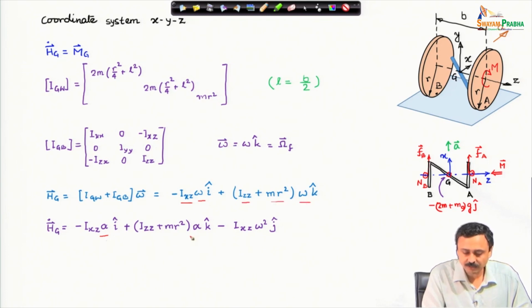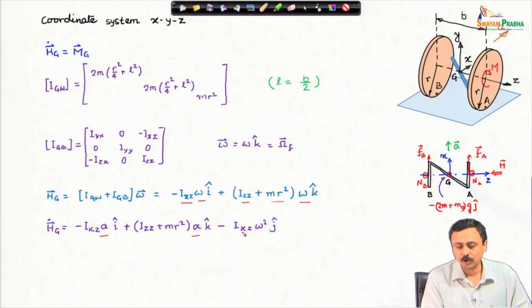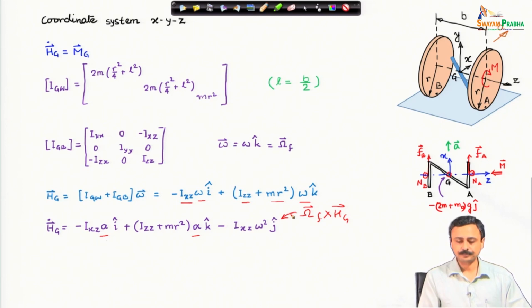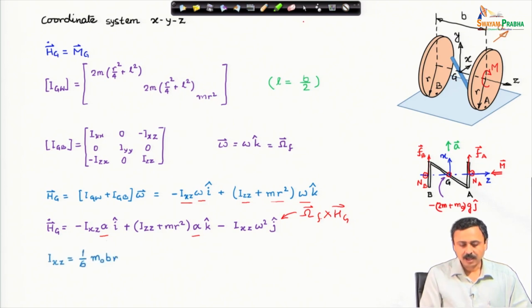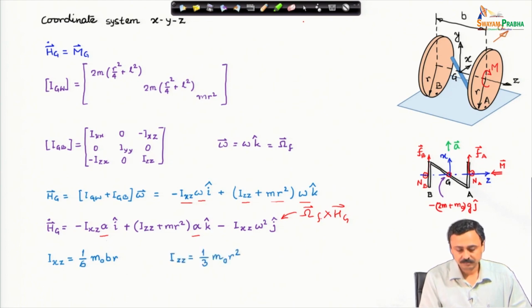So, the time derivative of this again gives alpha, plus omega of the frame cross Hg, and that is this last term. Having done that, I calculate the product of inertia and the moment of inertia about the z axis.